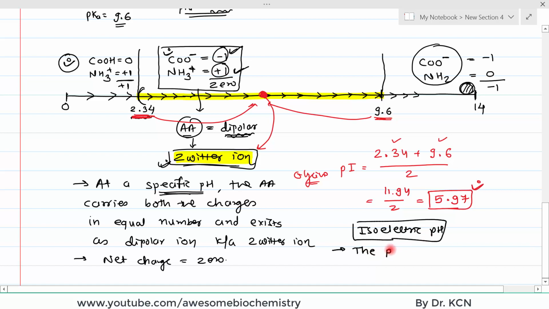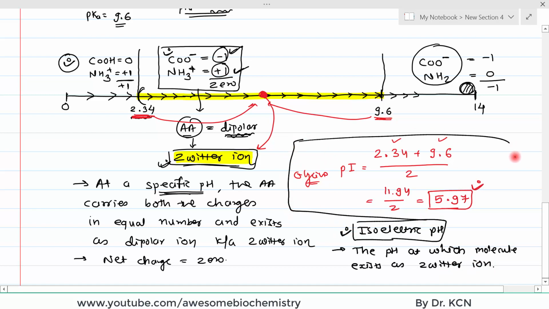Isoelectric pH is the pH at which a molecule, and in our case it is the amino acid, exists as a Zwitterion. That is known as the isoelectric pH, and by this formula you can easily calculate the pI of this amino acid.